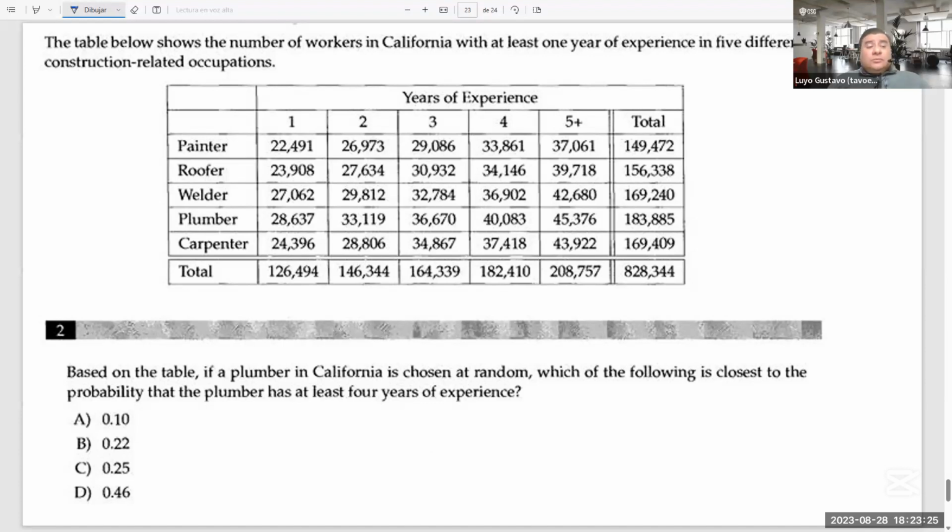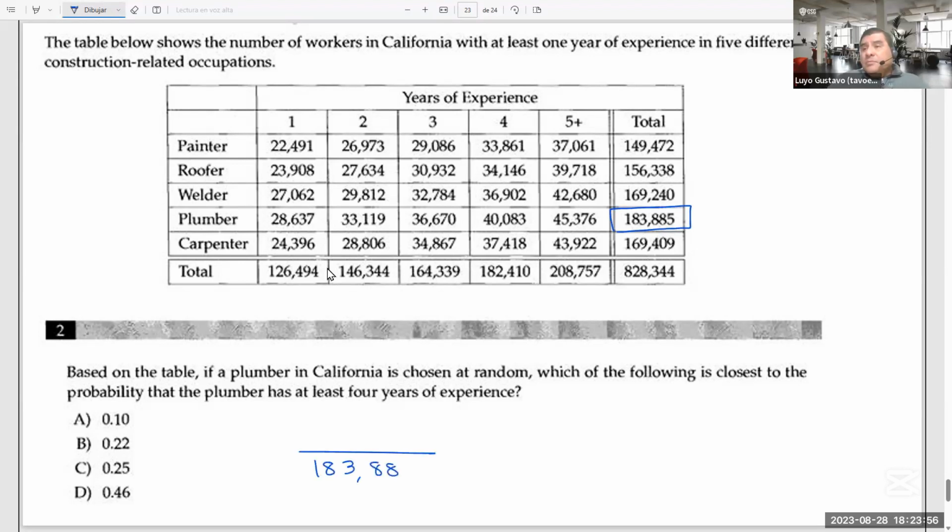If you choose a plumber at random, how many options do you have for choosing that plumber? Obviously, you would have to choose among all the plumbers available, which is this amount. So we know that this should be in the denominator. Our reference group is plumbers in general in California.